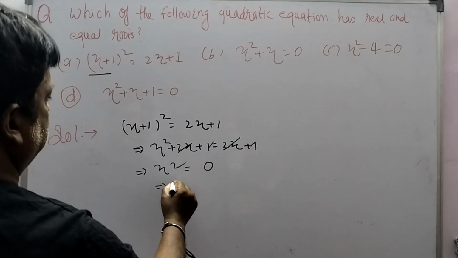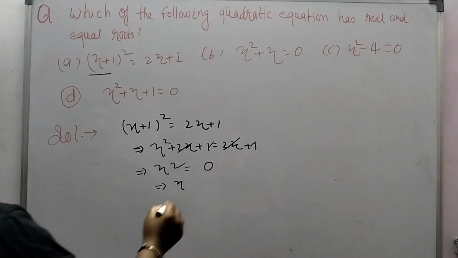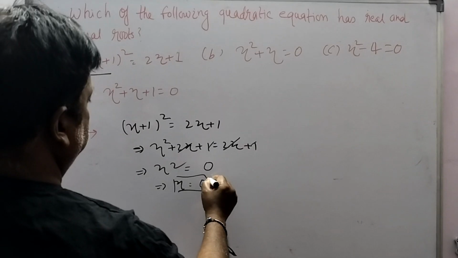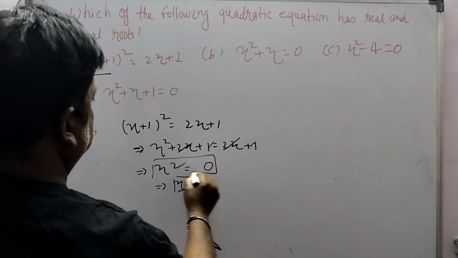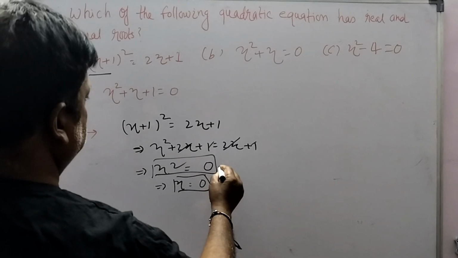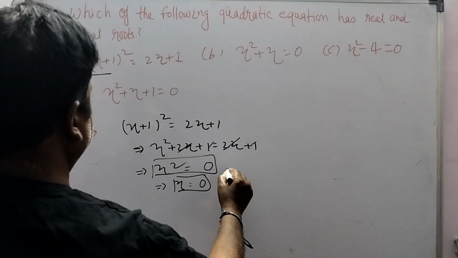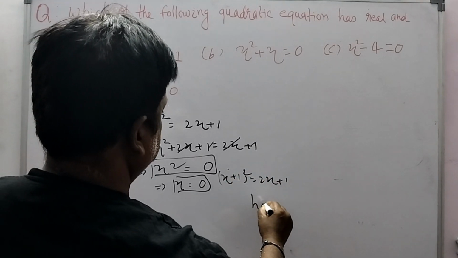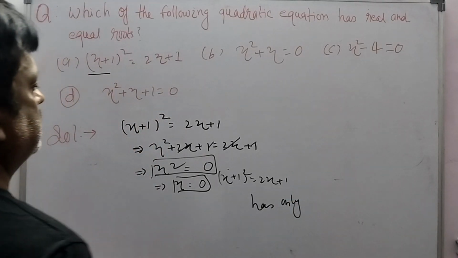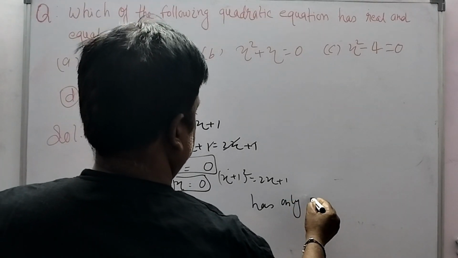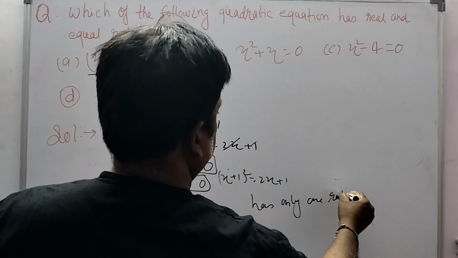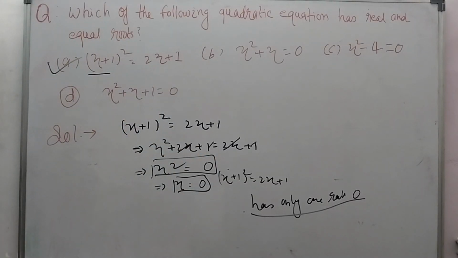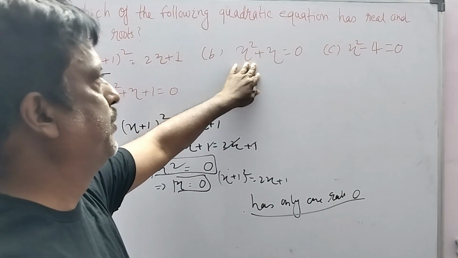That gives both roots equal and real, x equal to 0. So this should be the answer. All the others do not have equal real roots.